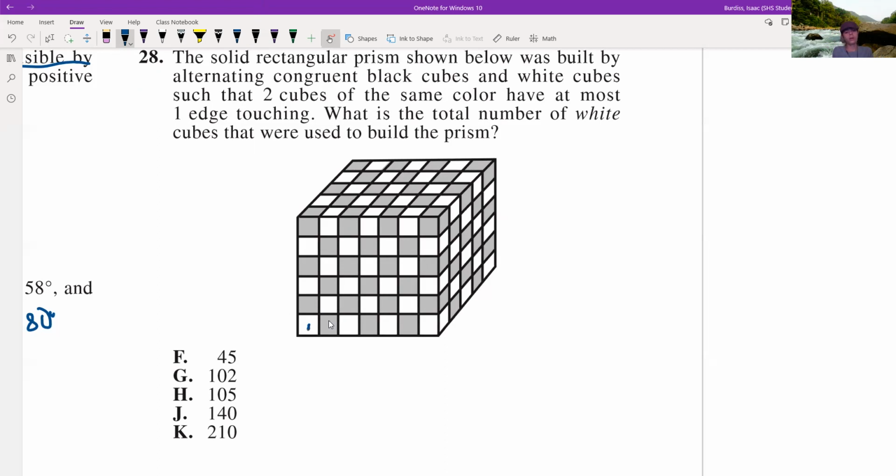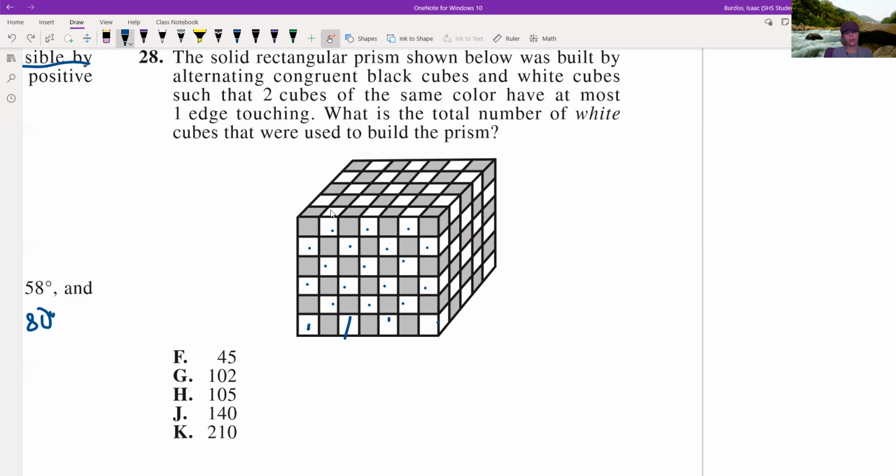So 1, 2, 3, 4, 5, 6, 7, 8, 9, 10, 11, 12, 13, 14, 15, 16, 17, 18, 19, 20, 21. 21 times 6 is not the answer because there's not the same amount of white cubes on every side because of the pattern that it's in.